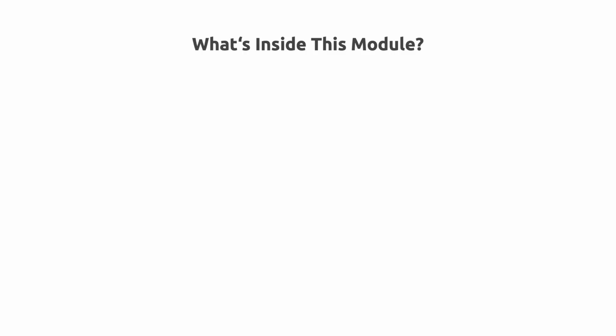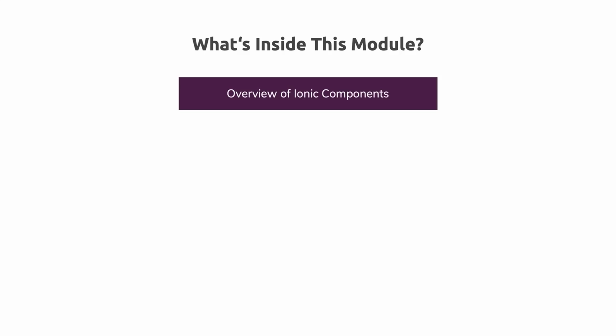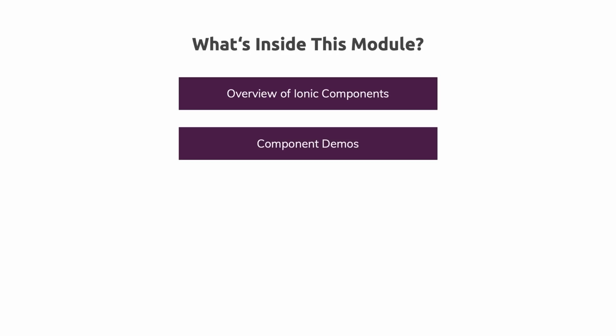So in this module, we'll have a look at these Ionic components. I'll give you a thorough overview of how to use them, how to configure them, how to compose beautiful user interfaces with them. We'll dive into a lot of component demos for that and build a tiny sample web application here.